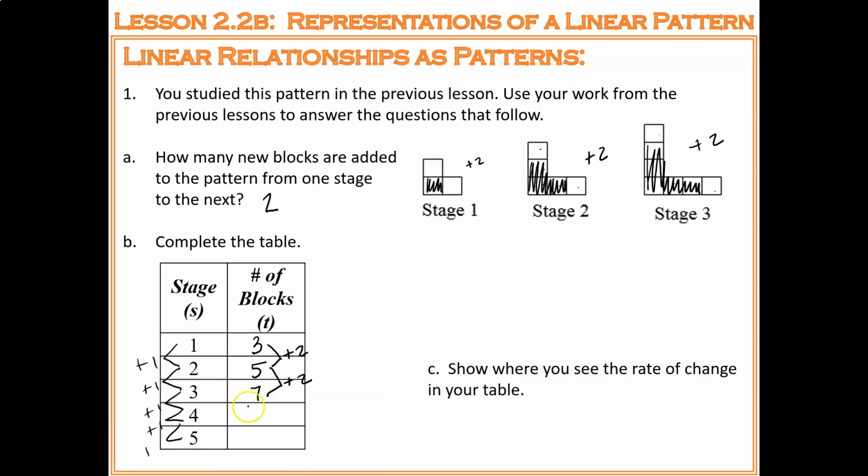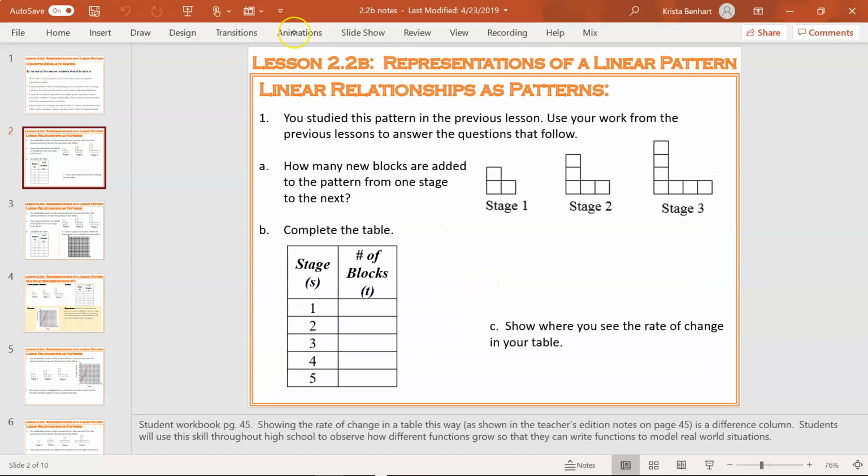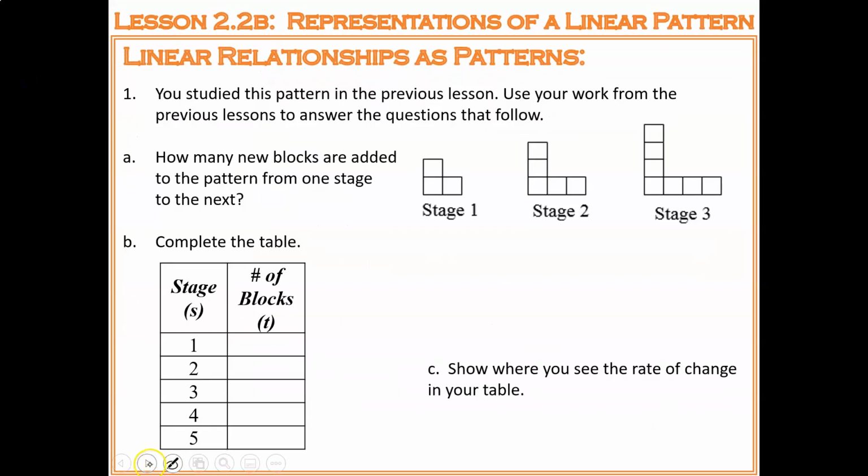So 7 plus 2 is 9. If you add 2 more at stage 5, then we're at 11. So this should be 3, 5, 7, 9, 11, adding 2 every time.